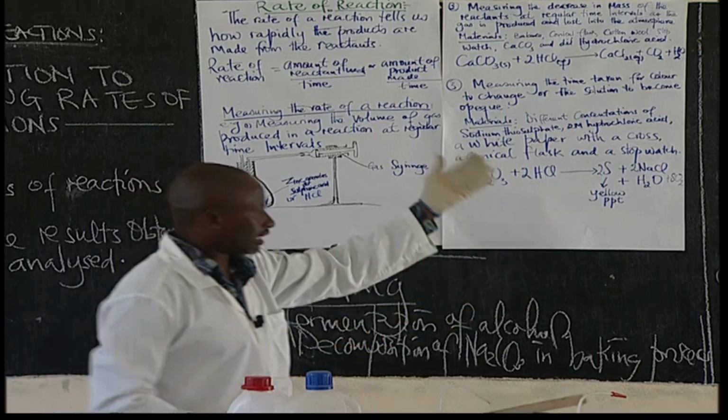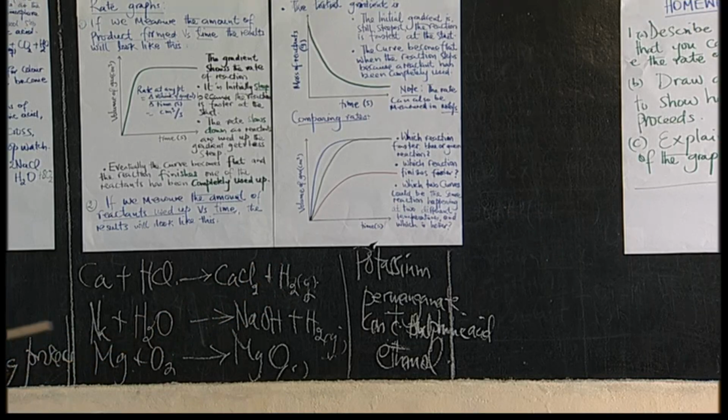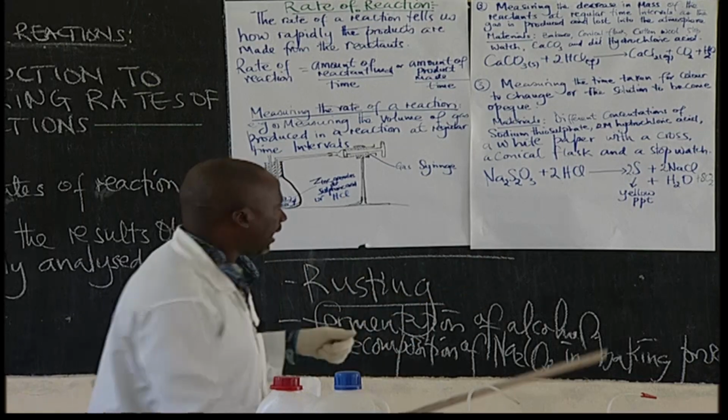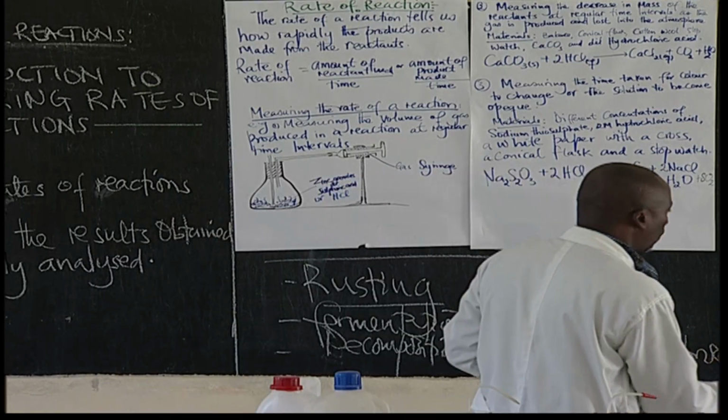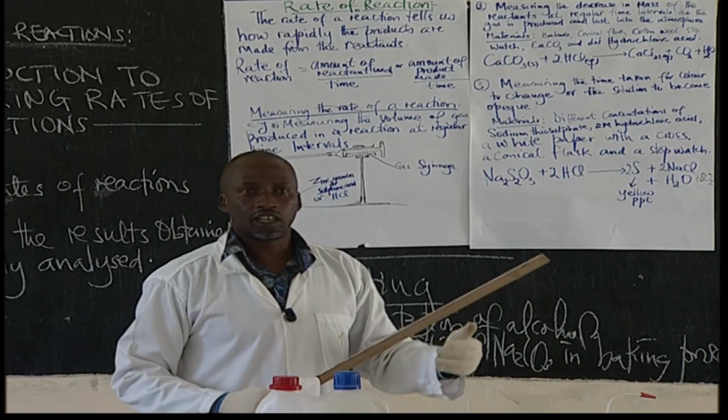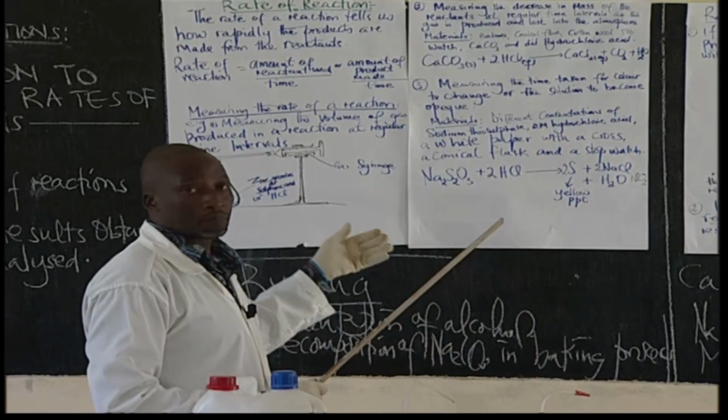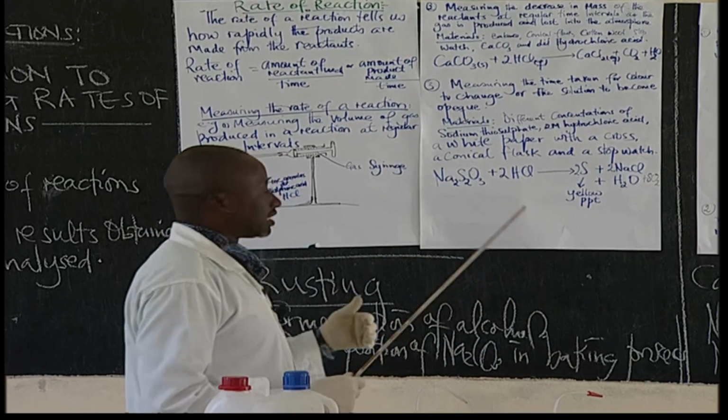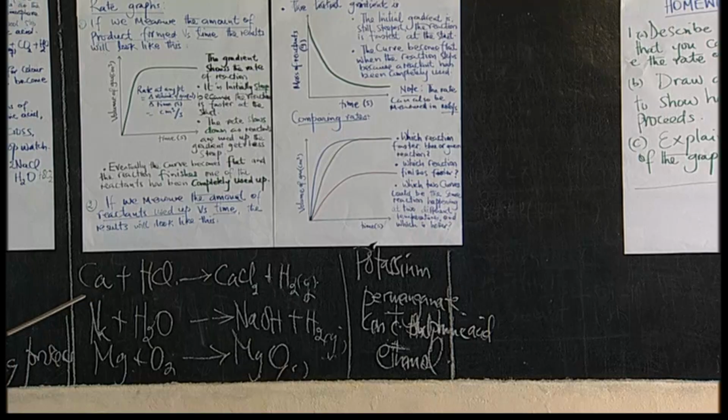Using the product that has been produced, either the volume of the gas produced. Number two is measuring the decrease in mass of the reactants. If we have calcium and hydrochloric acid, we can measure the decrease in mass of the calcium. After 5 seconds, we record the mass of calcium that remains.